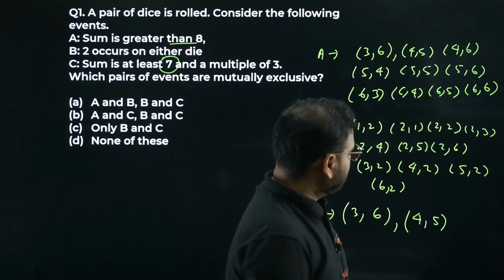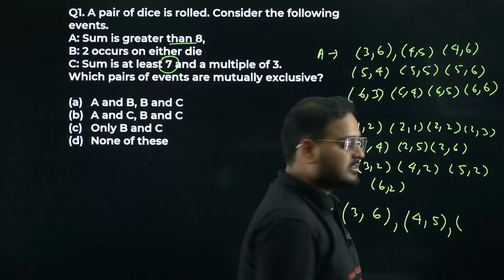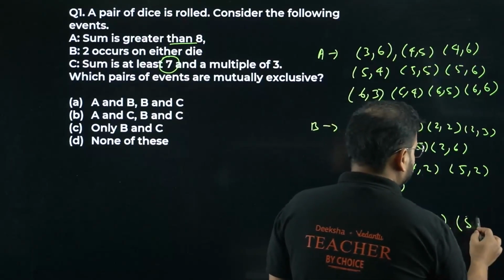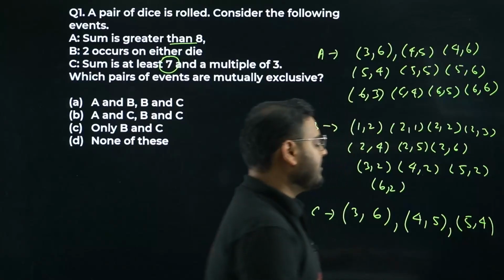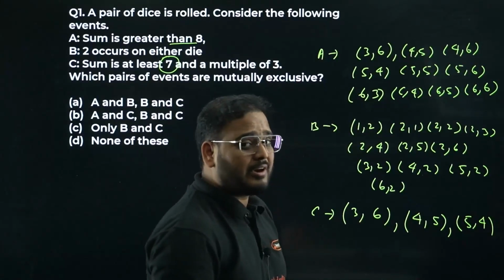Then 5 with 4, of course, 5 4 is 9, that's good. And then 5 5, no, 5 6 also no.